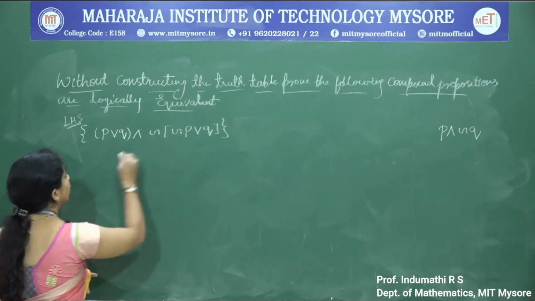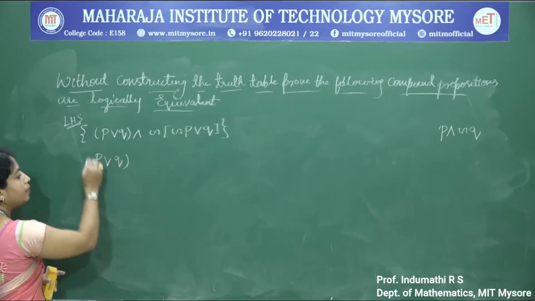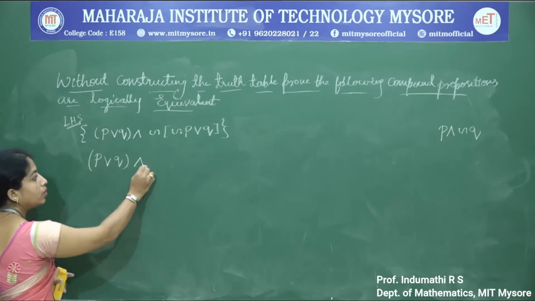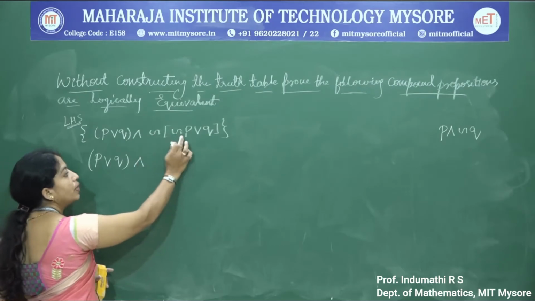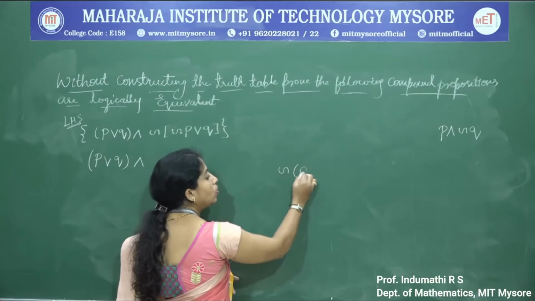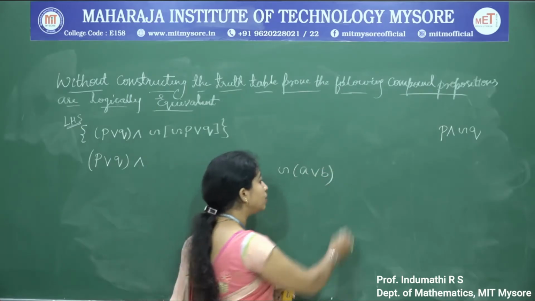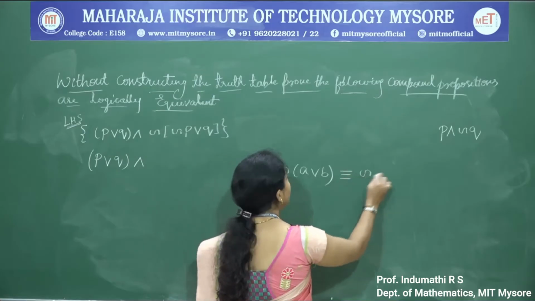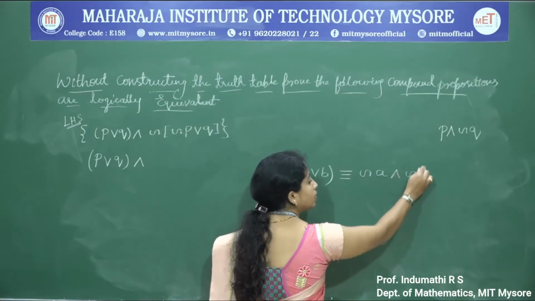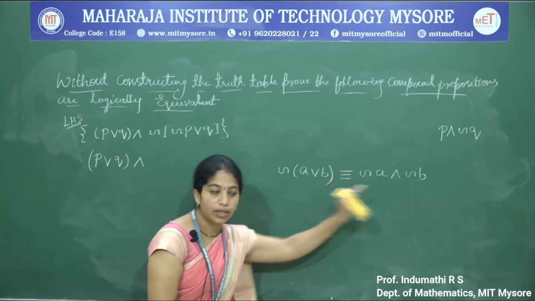This is negation. Now, P disjunction Q. Write the first function as it is, conjunction of negation P disjunction Q. That is of the form negation of A disjunction B. Negation of A disjunction B is logically equivalent to negation A conjunction negation B. This is by using the law of De Morgan's.